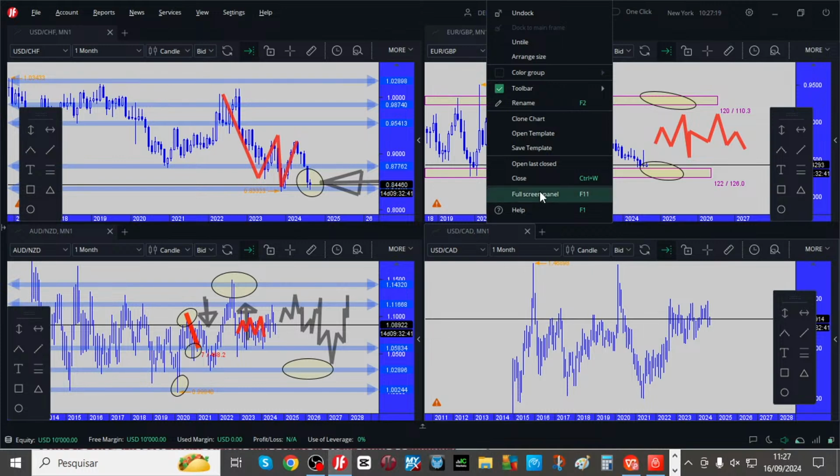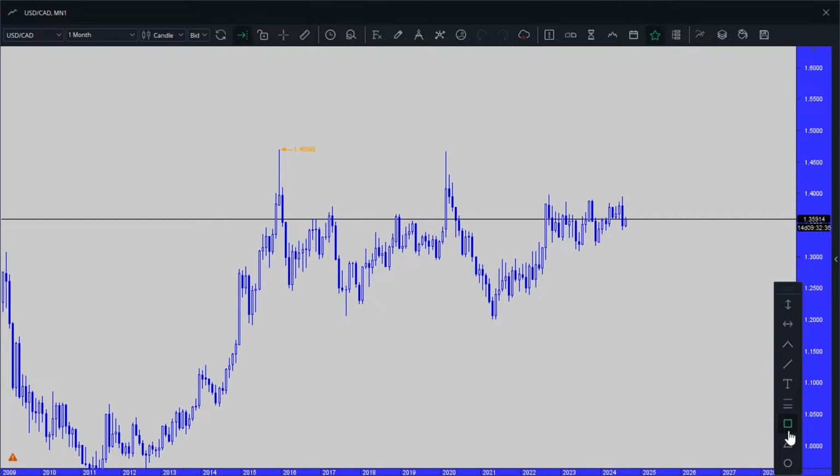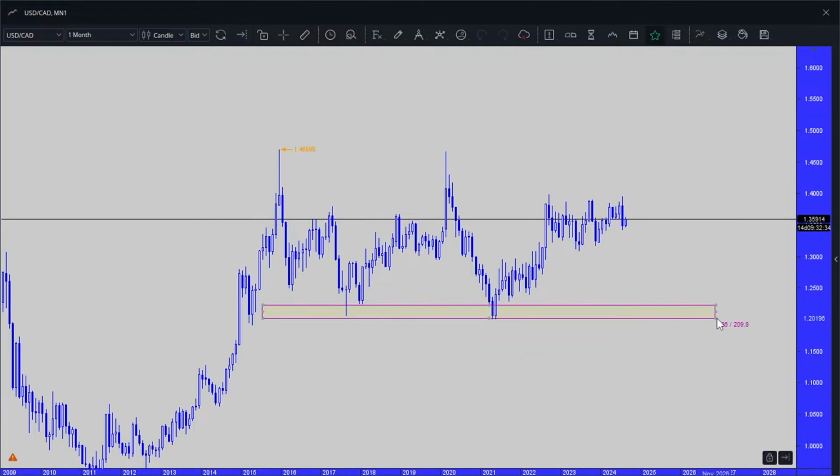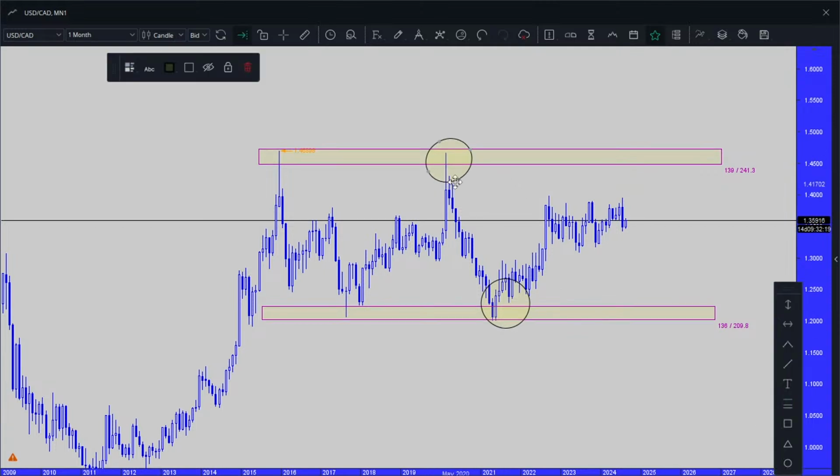And lastly, USD CAD. This would be the lower band of consolidation. This would be the upper band of consolidation. It's a no-brainer again. Buy down in here somewhere. Sell up in here somewhere.